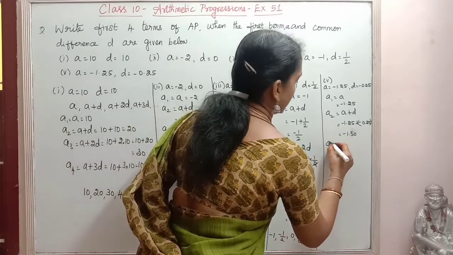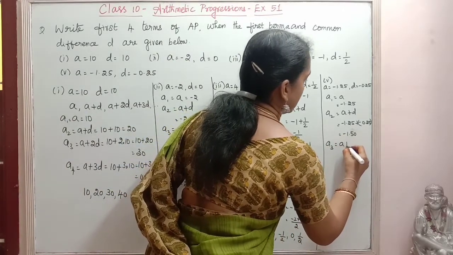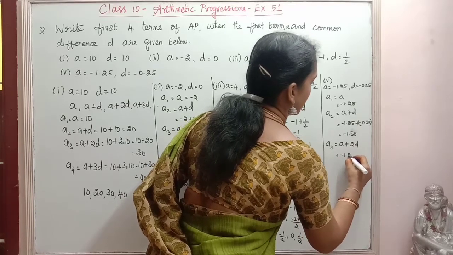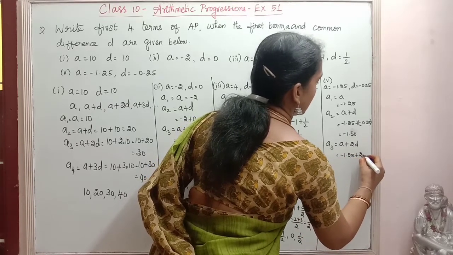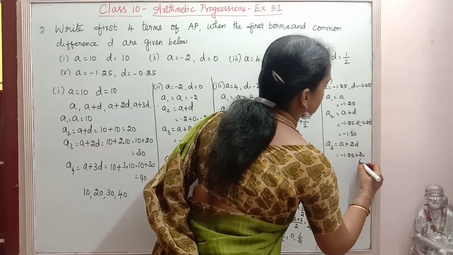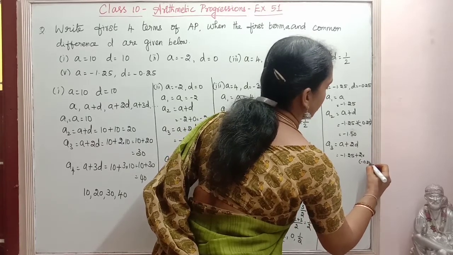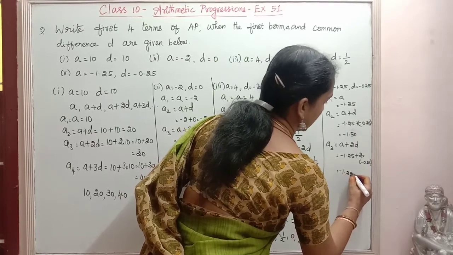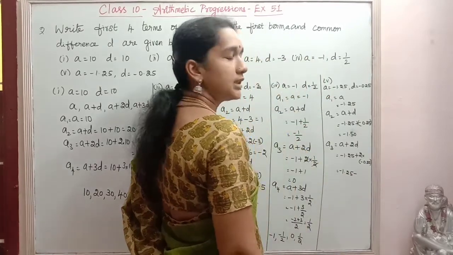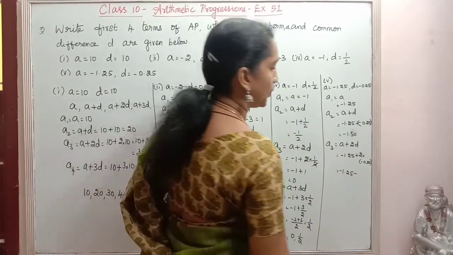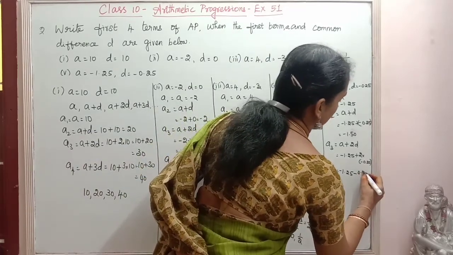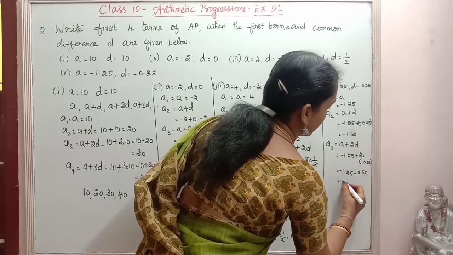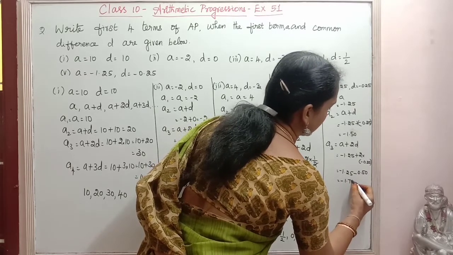That is A2. A3 is A plus 2D. So A is minus 1.25 plus 2 into D is minus 0.25. So this will be minus 1.25 minus 0.25 into 2 will be 0.5. So both are like signs. When we simplify, minus 1.75.